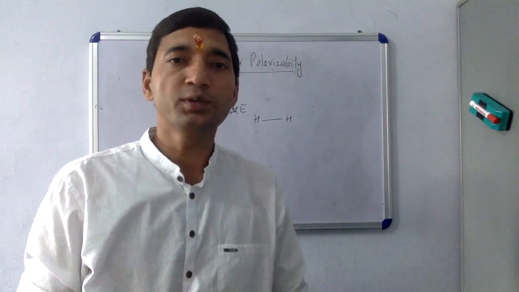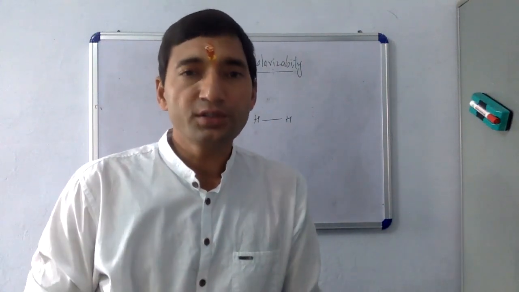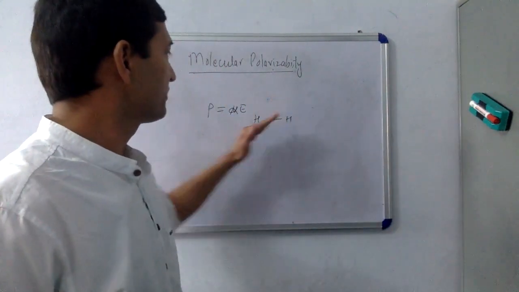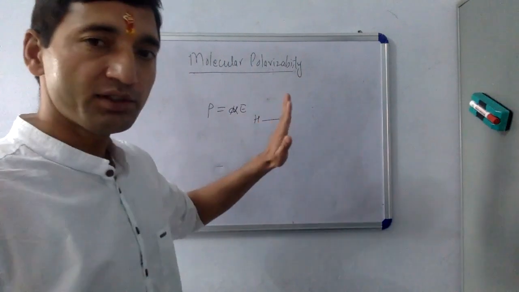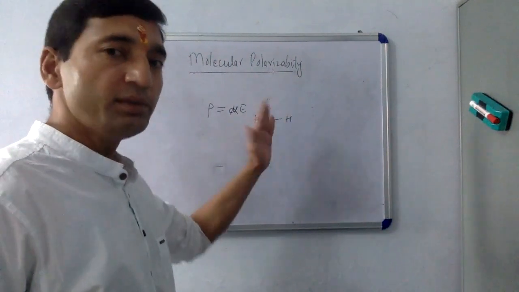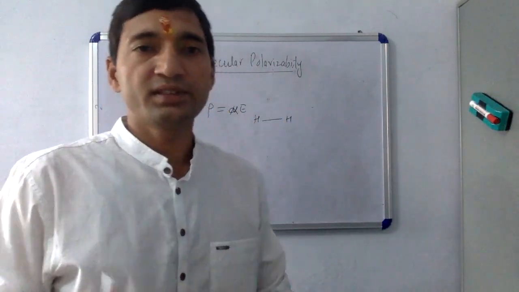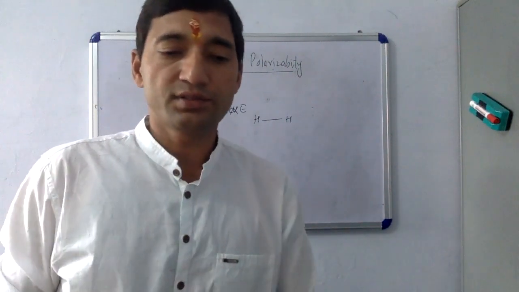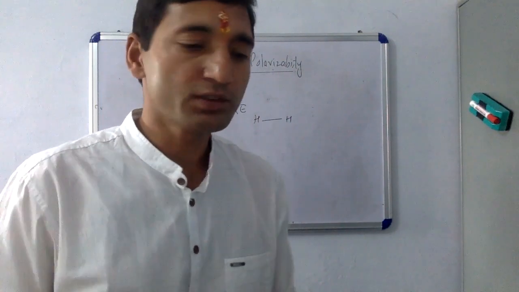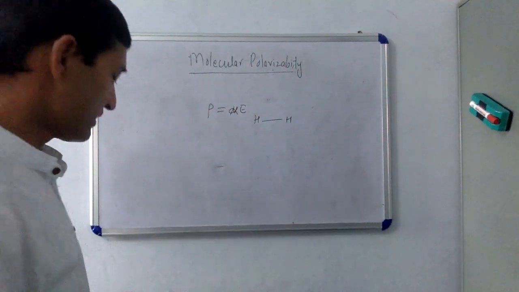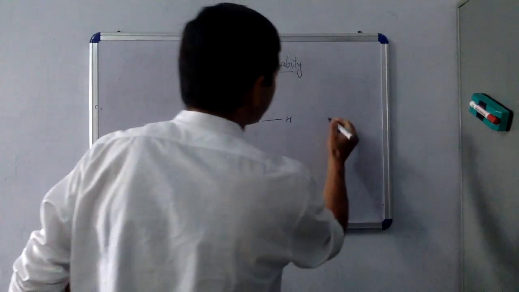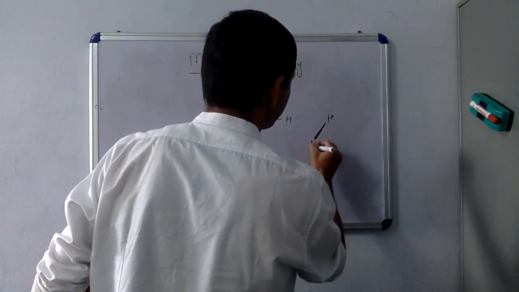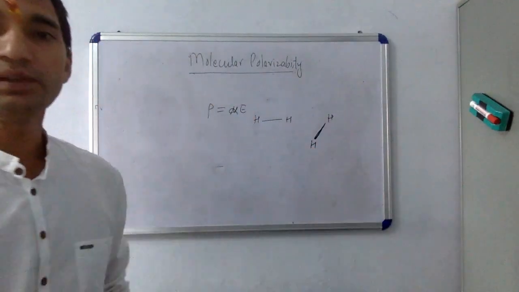And in between, if I am applying the field along this direction, perpendicular to this one, or in between, then the field-induced polarizability will be in between the one time or the two time. So that is for the simplest case of H-H, a simple diatomic molecule.